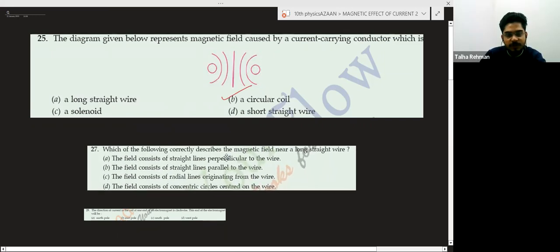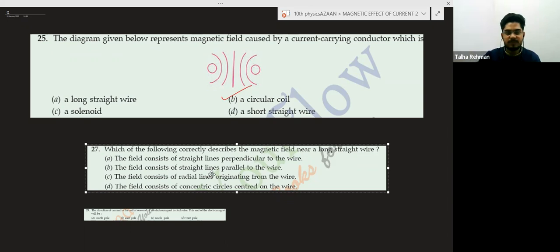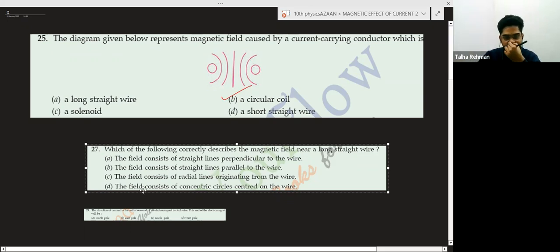Another question. Which of the following correctly describes the magnetic field near a long straight wire? The field consists of a straight line perpendicular to the wire. No. The field consists of concentric circles around the straight conductor, no? So basically option D will be correct.